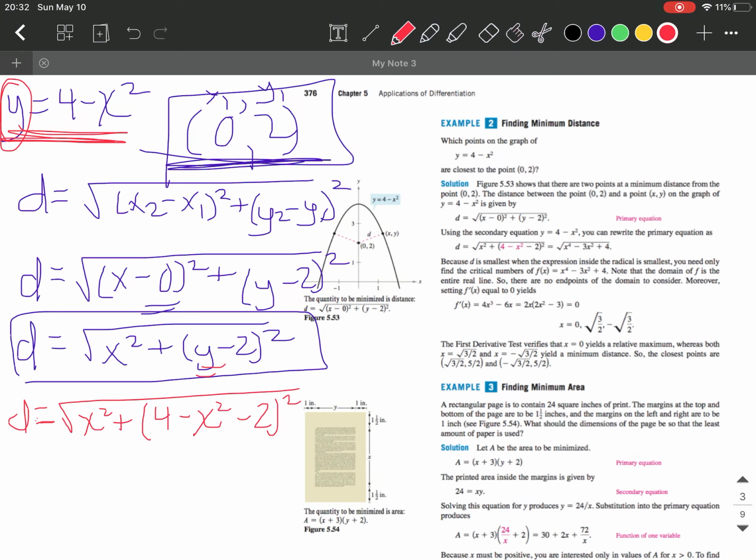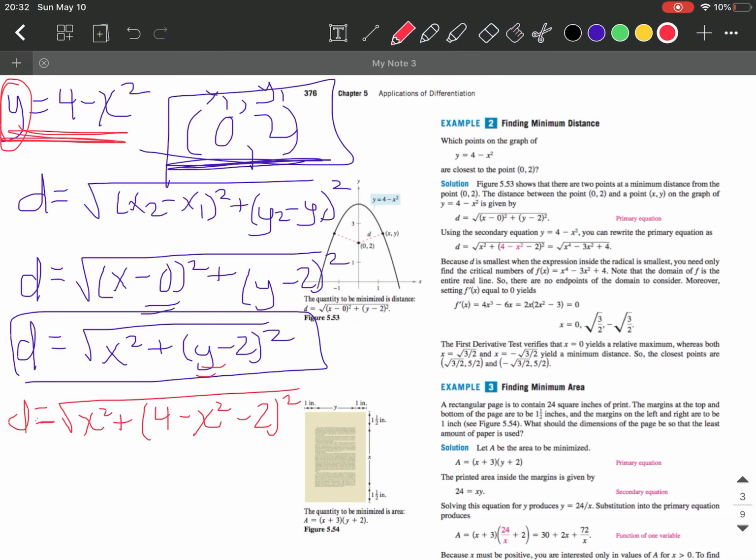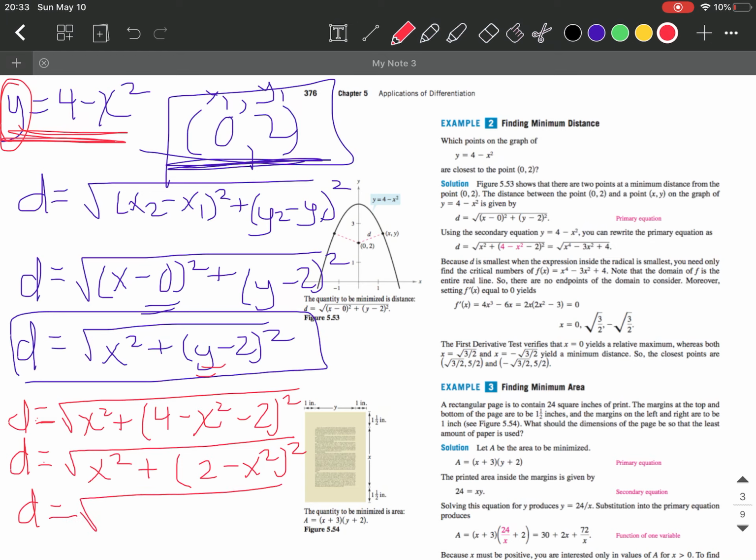Okay, so now let us simplify that inside part by doing some basic algebra right there. Let me FOIL that now. You follow along.